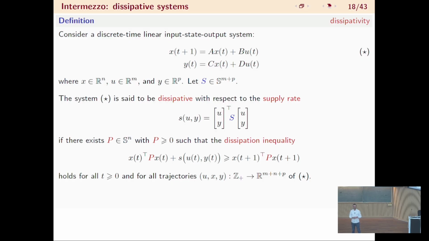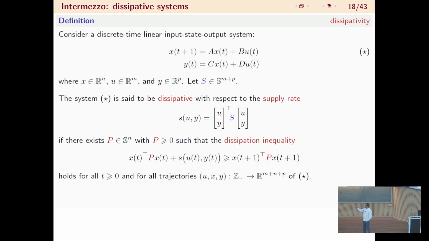It contains terms like U times Y. And if I have an electrical circuit, V, voltage, times I, current, has a physical meaning. And typically, power and energy correspond to quadratic quantities in terms of variables.